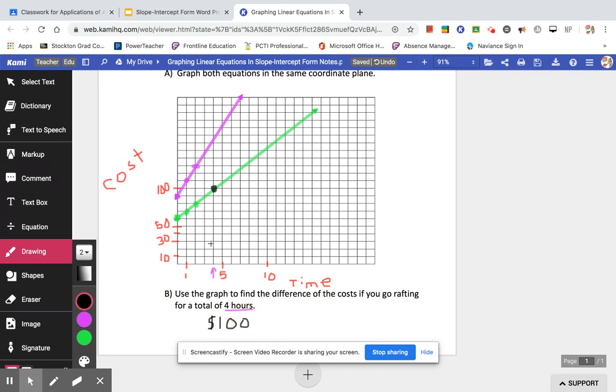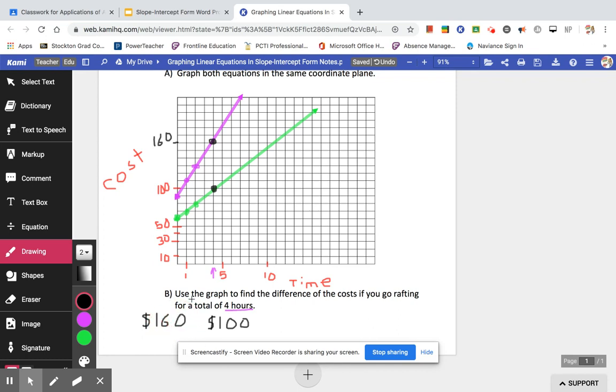My 6-person raft, if I keep following it up, hits 4 at whatever this is, and if I count up, that's 110, 120, 130, 140, 150, 160. So my 6-person raft would be at $160 for 4 hours.